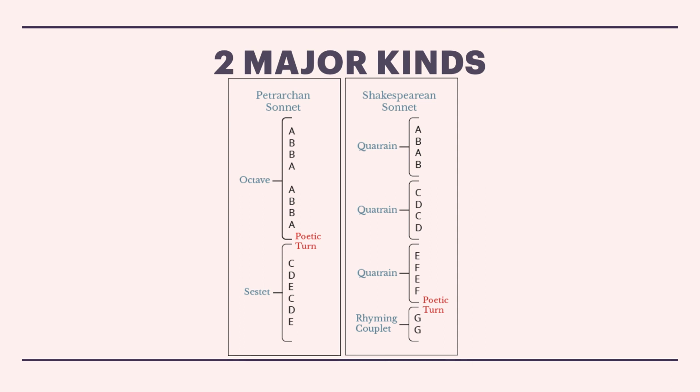Each quatrain basically functions as a sentence. We often get a period at the 4th, the 8th, and the 12th line. Whereas the Petrarchan sonnet really is more like 2 parts. So, different rhyme scheme, different structure. And that has everything to do with the language in which these poets were working.